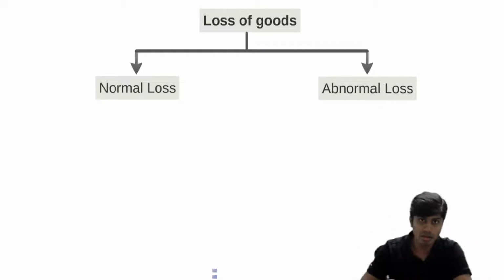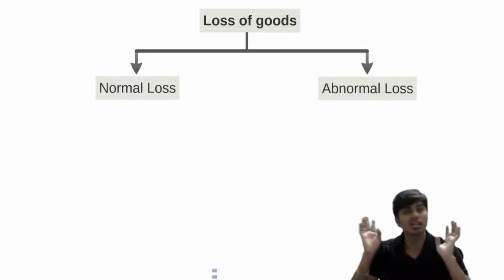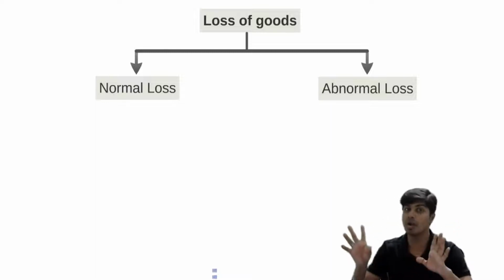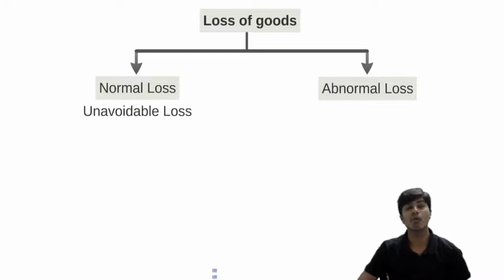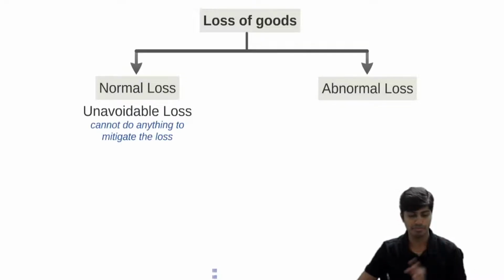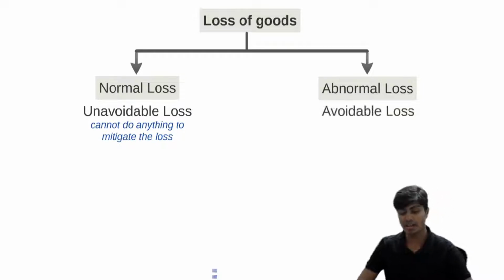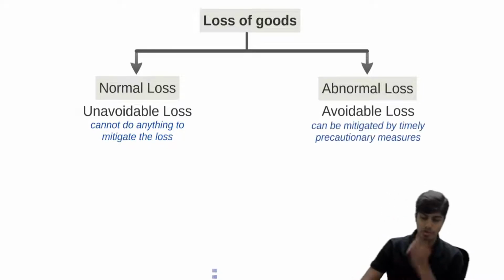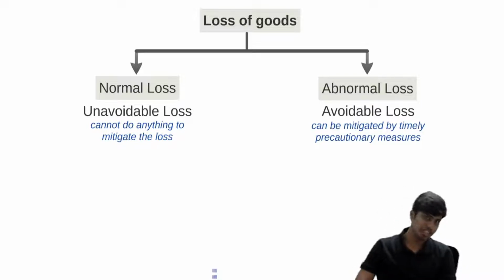It is avoidable with the right steps, with the right quality controls, with specific changes in the process. You can control, mitigate and avoid this loss. You get it? Normal loss is unavoidable loss. On the other hand, abnormal loss is avoidable loss, which can be mitigated by timely and precautionary measures.